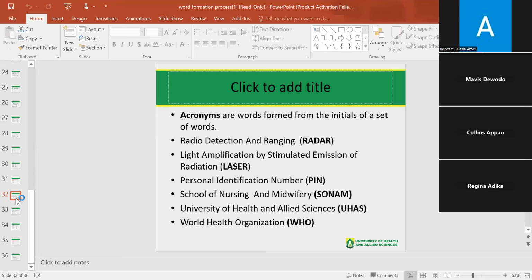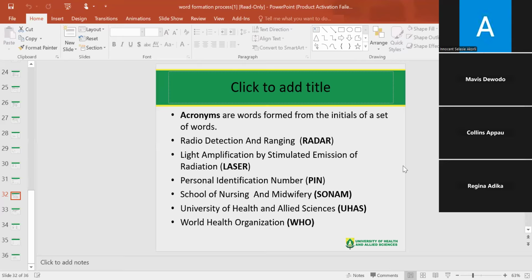It's not like PWD, where you have to mention P, W, D. No. That's what some writers say. So radar, laser, PIN, sonar, UHAS, WHO, you say them as if they are words.